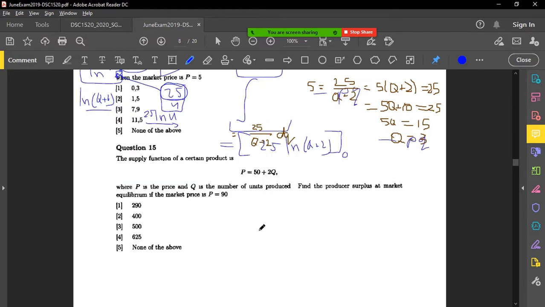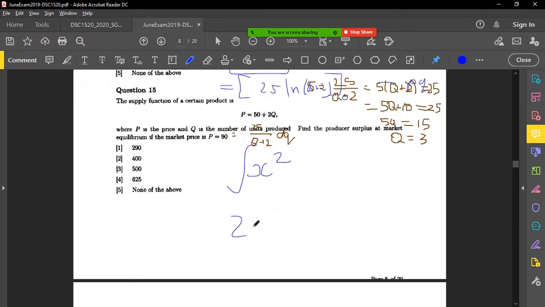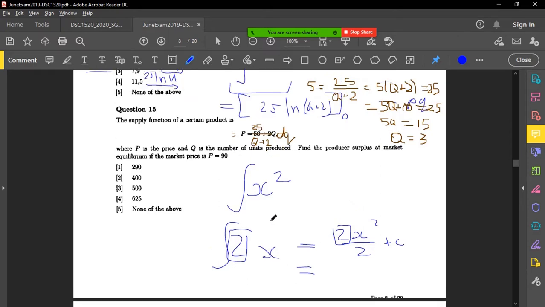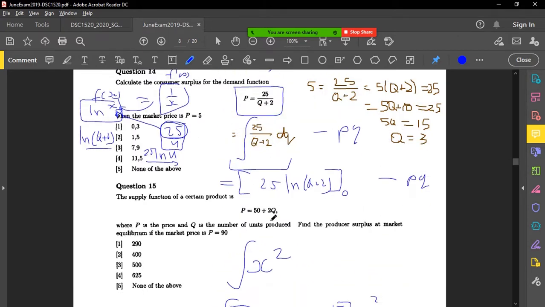It's like when you had x squared. The 25 is a constant.